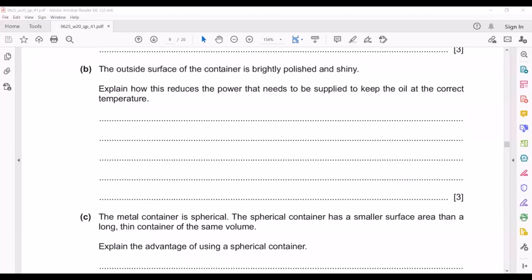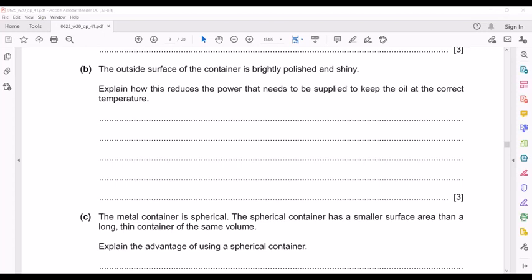Because shiny surfaces are poor emitters and poor absorbers, and they are good reflectors. You cannot mention that a shiny surface does not conduct heat. It should be in terms of reflection, emission or absorption.